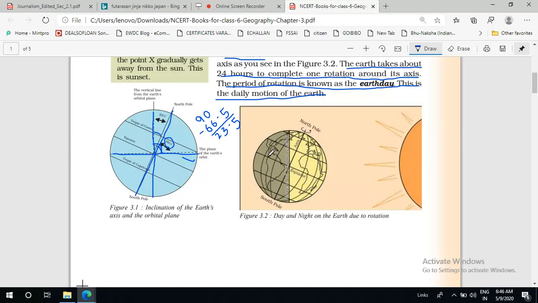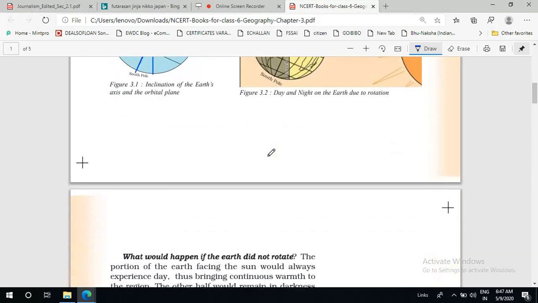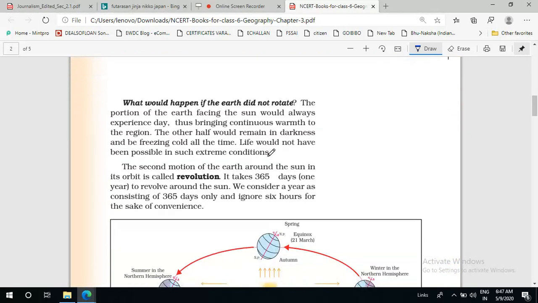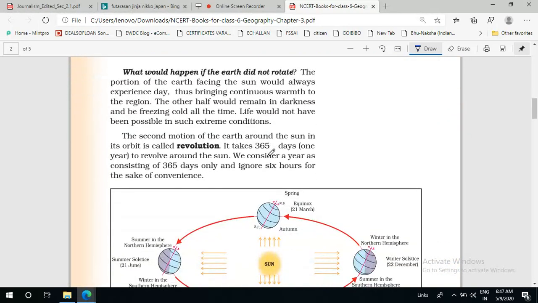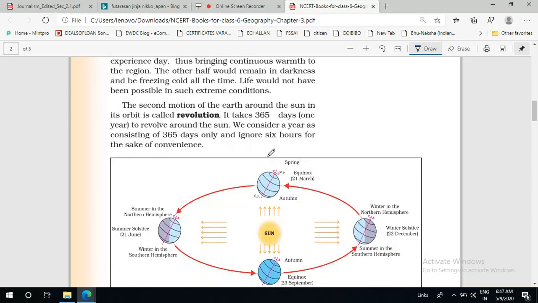Because of rotation we experience day and night time during the 24 hours. Okay, and because of rotation the balance of temperature is also maintained. So these are the impacts of rotation.